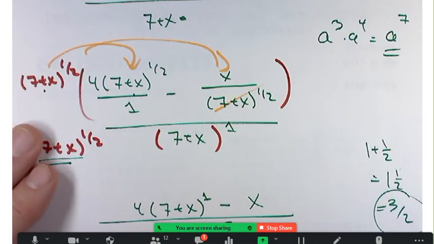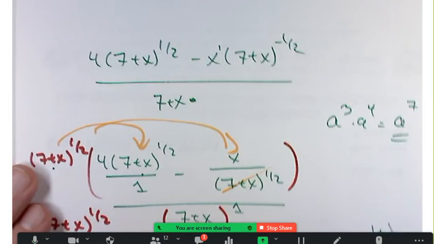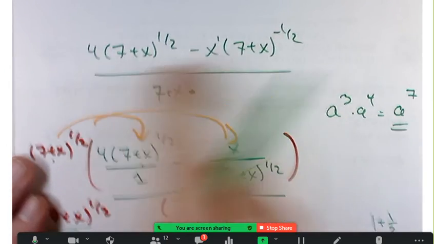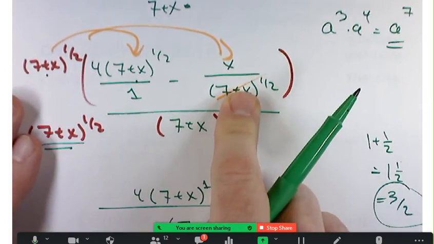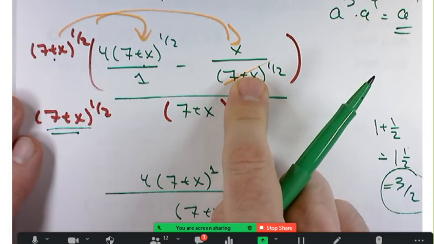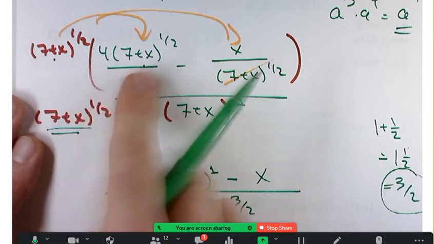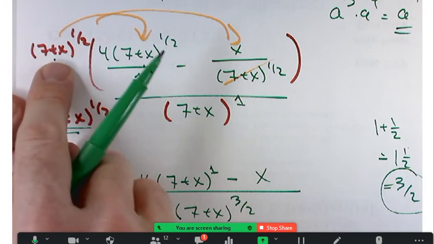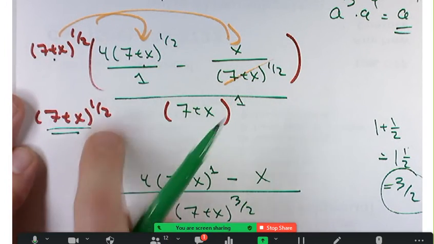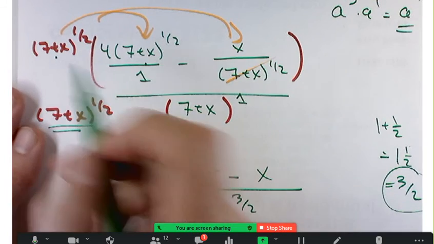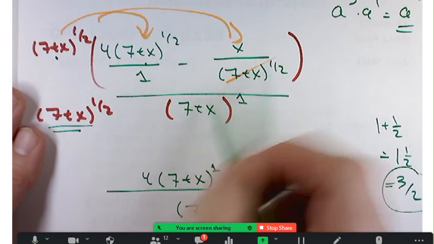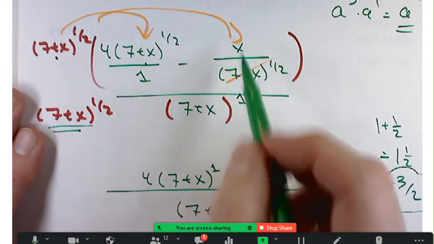So a quick recap for those of you who didn't quite catch the audio. I wrote this in the denominator. And because it's a secondary fraction, to clear out the secondary fractions, I've multiplied by 7 plus x to the 1/2 power in both numerator and denominator. When this distributes itself here, it cancels. It leaves me with the x.